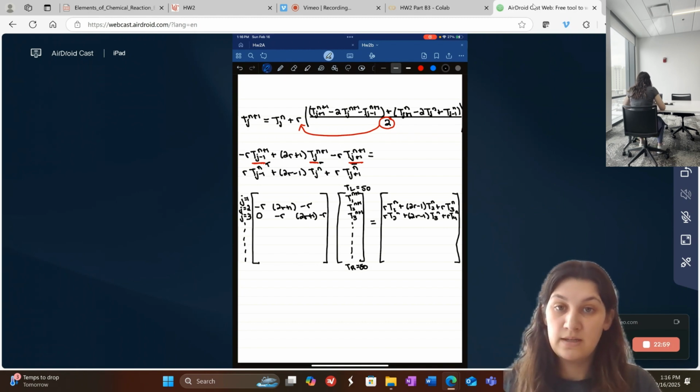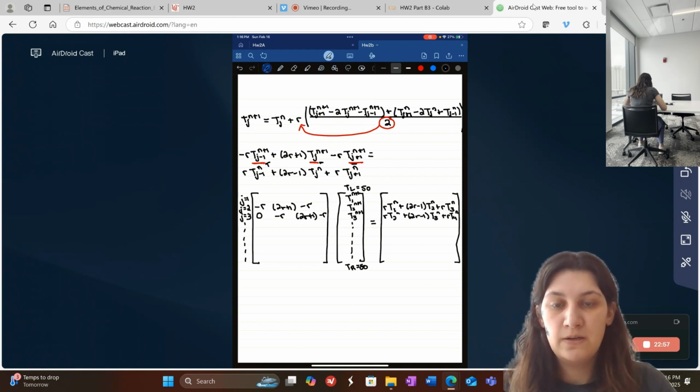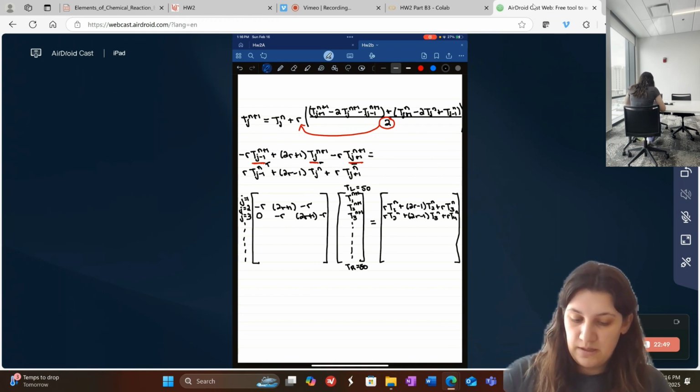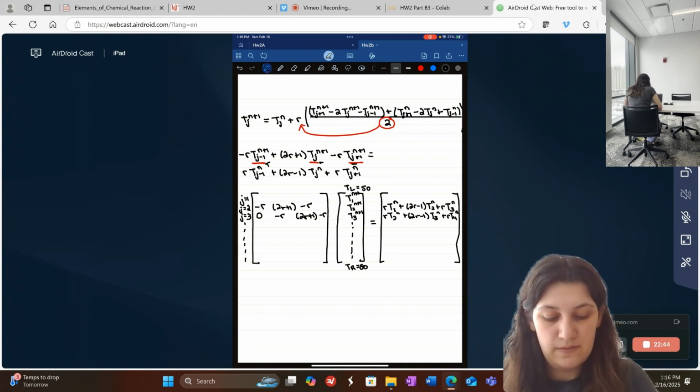but we have two special positions, and that's our very first one at j equals 1 and our very last one. And this is because if you look at the matrix, at T equals 1, that's our T_j, right?